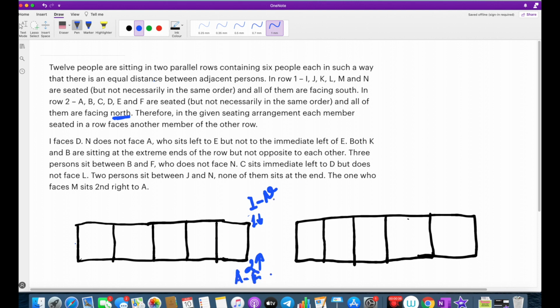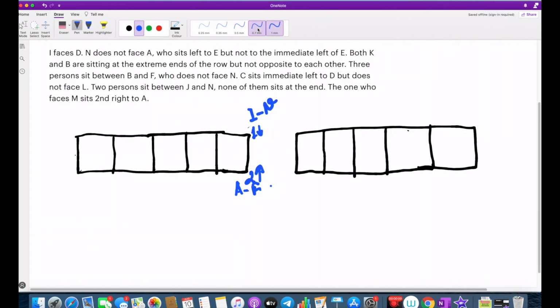I have taken two possibilities for this question. If we don't need the second one, then we will not fill up the second one. Okay. So from here the condition starts. I faces D. I'll note down the conditions here.